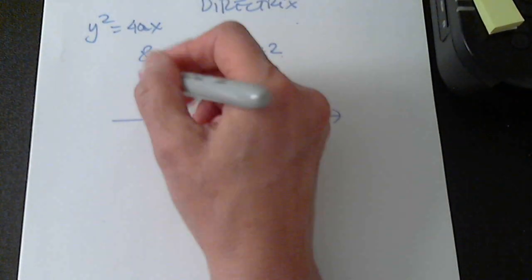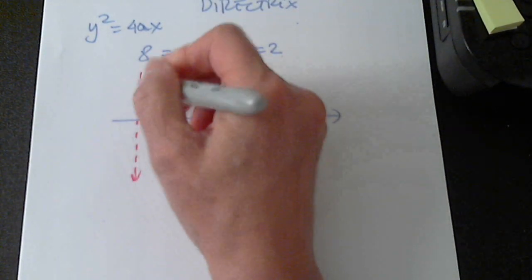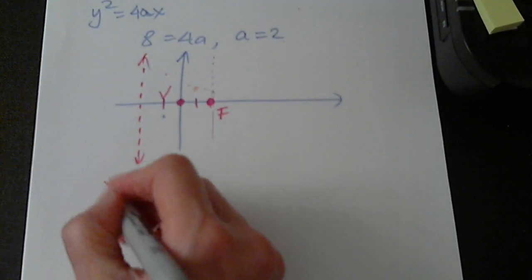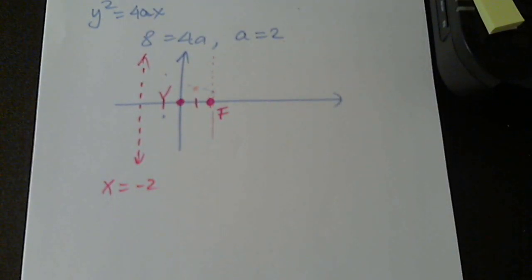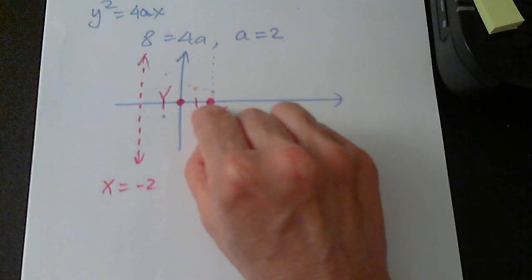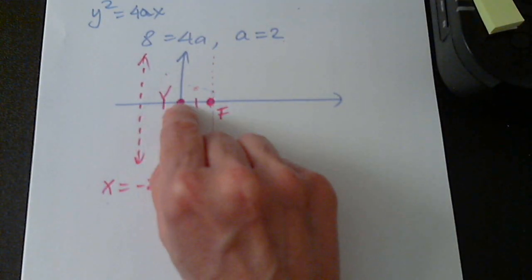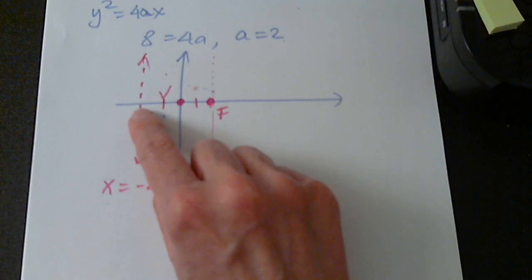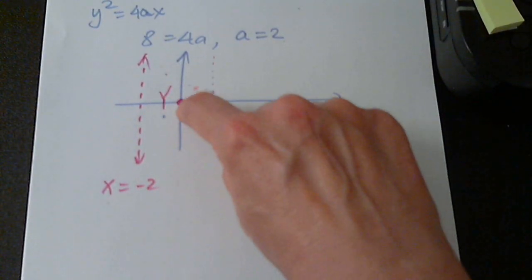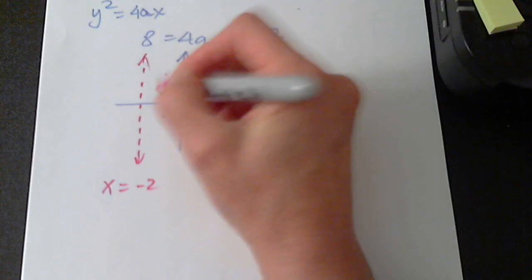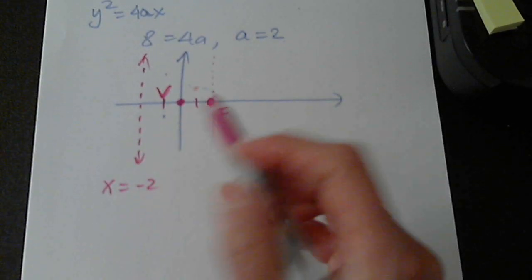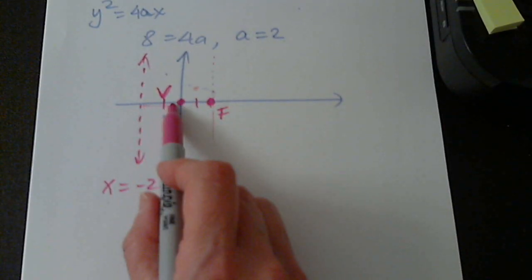The directrix is right here. Let's graph it already. So the directrix is x equals negative 2. How come? Because this distance is a, and this distance has to be also a. If this is 2 units, this has to be 2 units. This is the vertex. This is 2 units. This has to be 2 units.